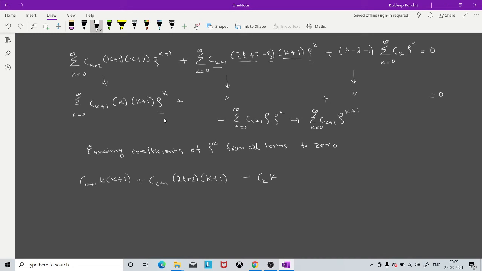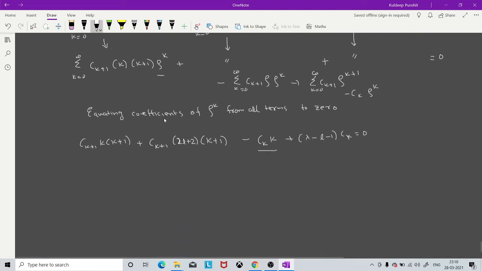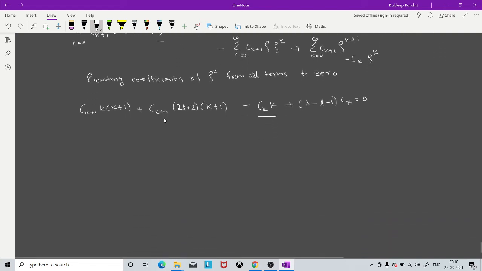Since I have to make it rho to the power k, I have to subtract, so it will have ck and rho to the power k. That is how this term comes, and there is a negative sign outside. So this is why this extra term appears here, plus (lambda minus l minus 1) into ck equal to 0. Since this is what we are having, now we can have the recursion relation.